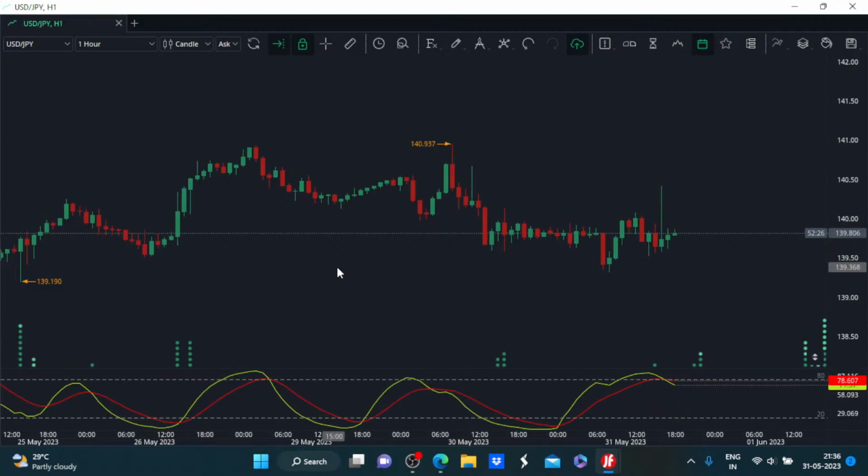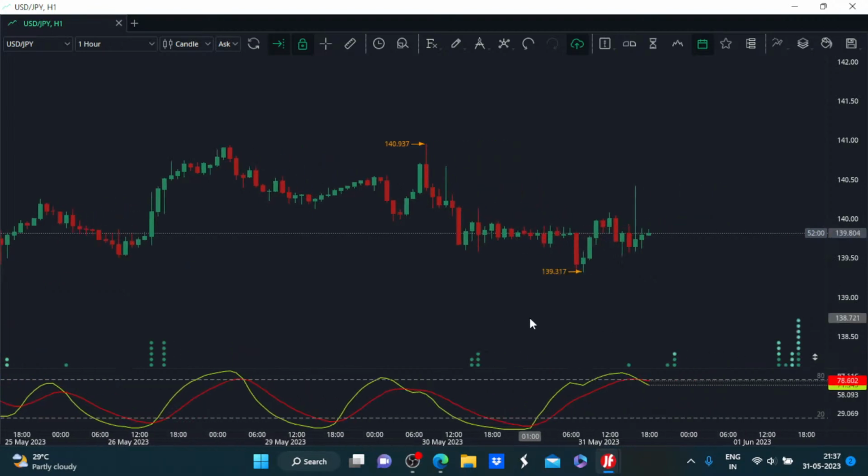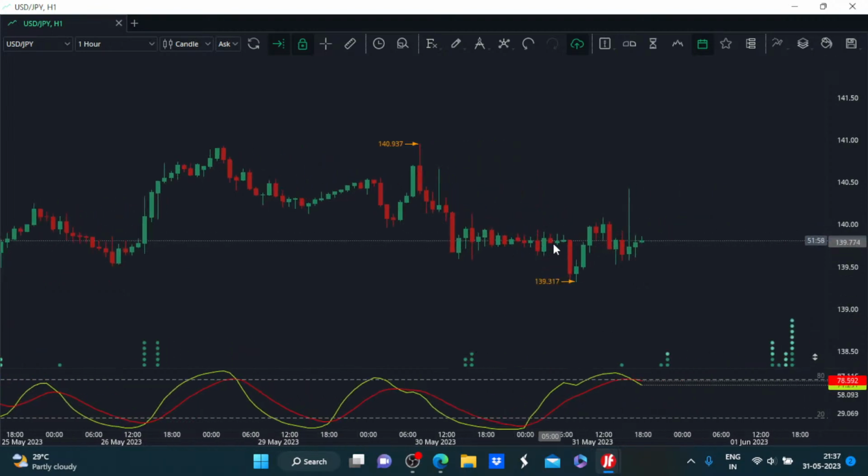So the utility of this indicator is simple. You don't really have to spend much brainpower trying to infer the signals for this indicator. It is a simple indicator with a simple message, and it avoids certain false signal generation when the underlying instrument goes sideways, like the way it happened here in the early part of today's trading session.